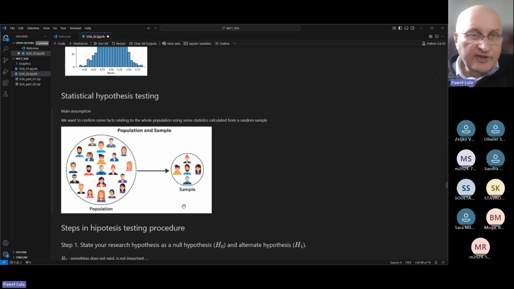And having this data, can I say that average income in Croatia, monthly income, is 2,000 euro or not? Is my hypothesis, which I have at the beginning, true or not? But it is a hypothesis concerning the whole population.